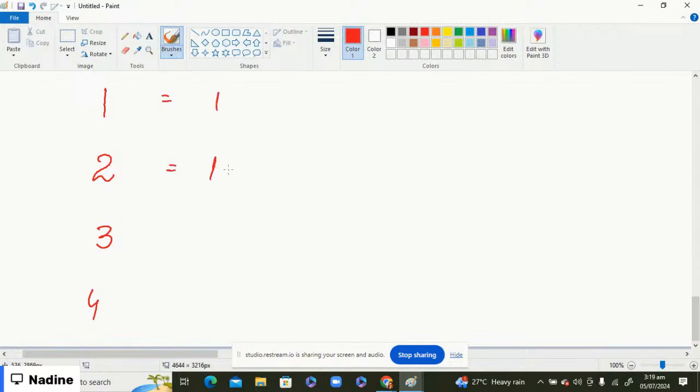For 2, it's like 2 lines. For 3, it's like 3 lines. And for 4, it's different, I and V. For 5, 6, 7, 8, 9, and 10, this is also different. For 5, it's only V.